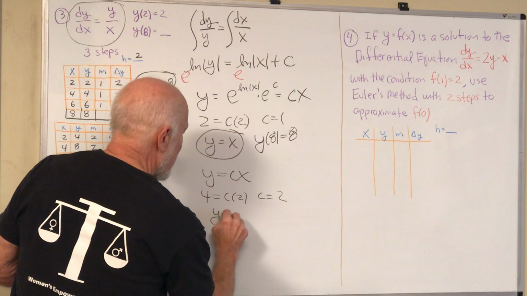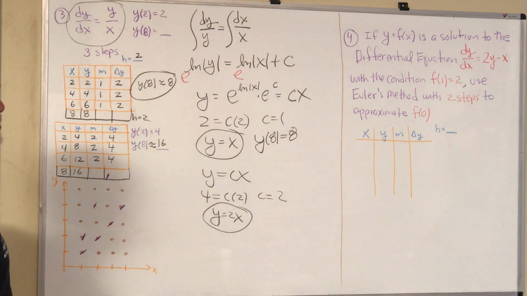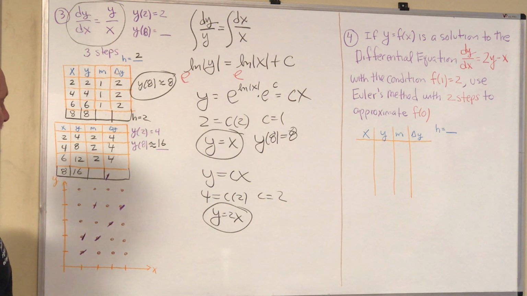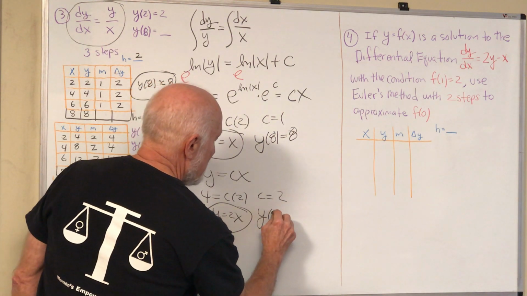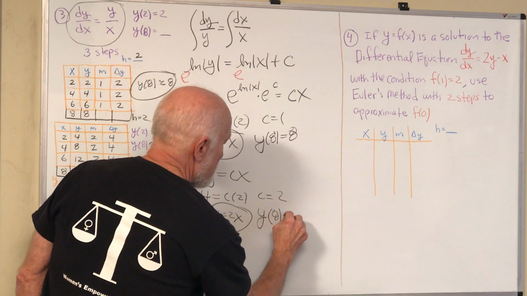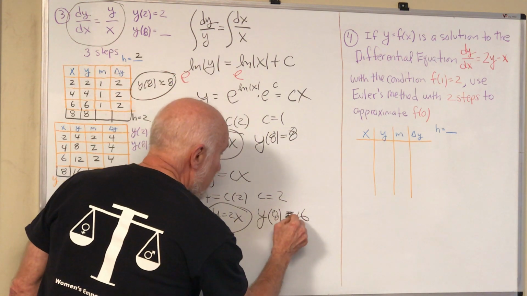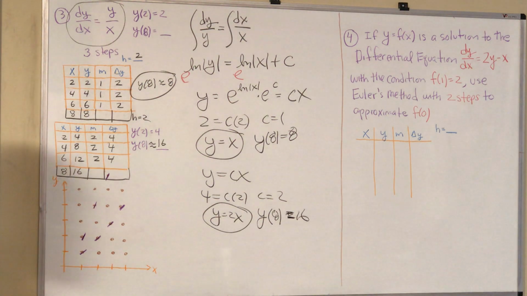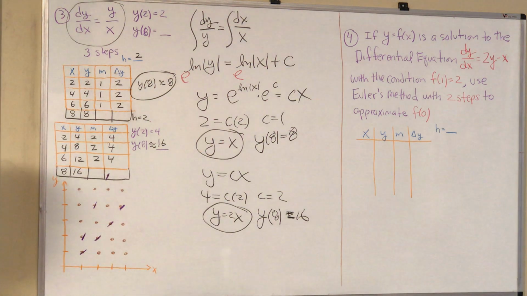So y equals 2x would be the solution to the differential equation with that other initial condition. And then I would say y of 8 is approximately equal to 16. Well, sorry, it's exactly equal to 16. We predicted that it would be 16. Again, the solutions are straight lines. y equals 2x, y equals x.